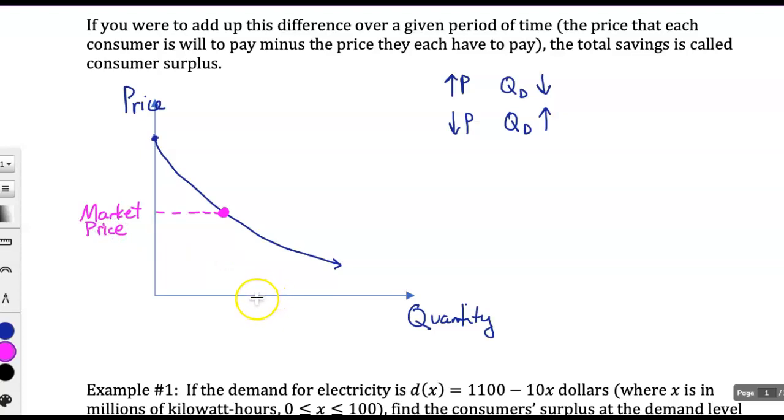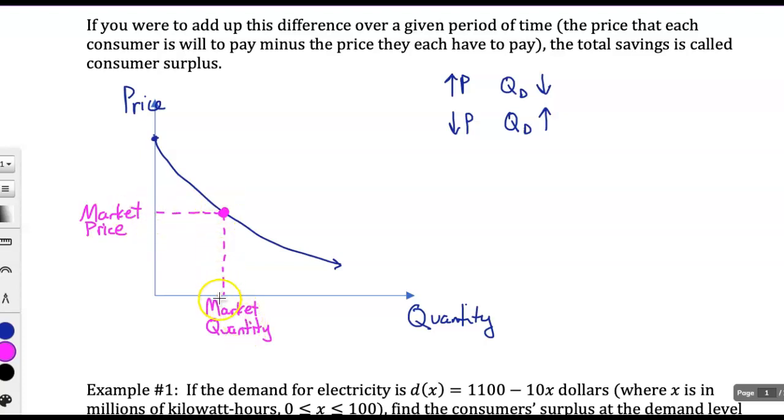Then at the market price, there will be a market quantity. So at this market price, this is the number of items that consumers will demand.